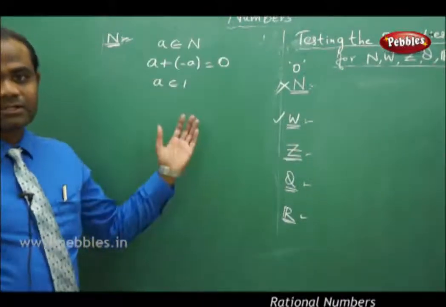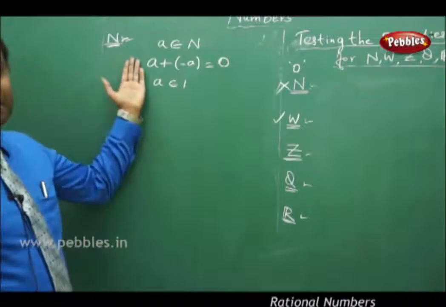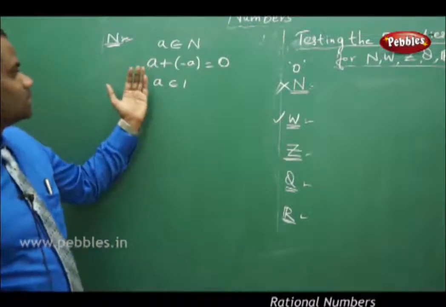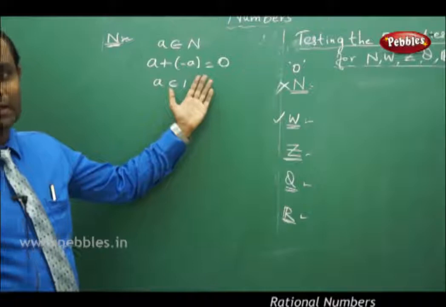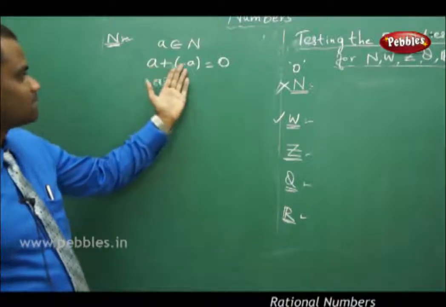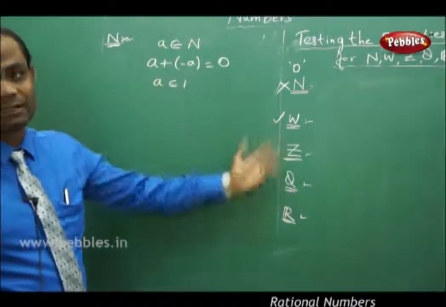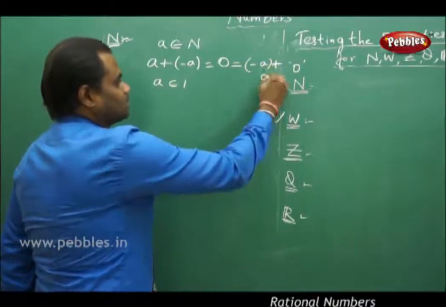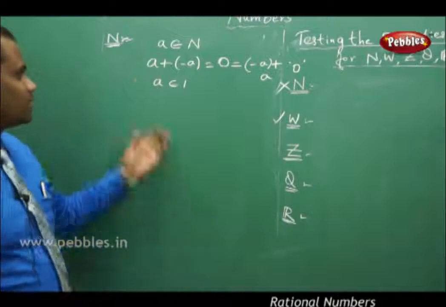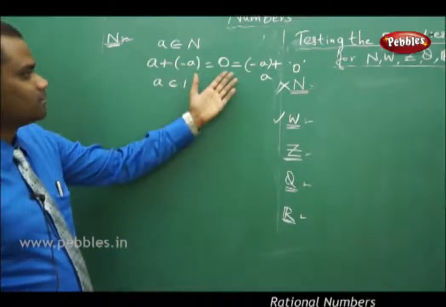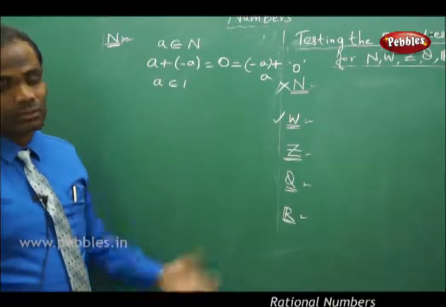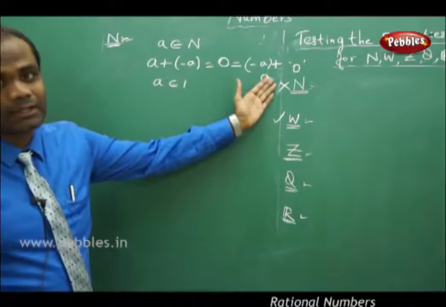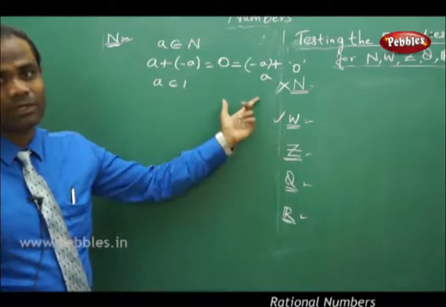Now coming to the existence of inverse, let's start with natural numbers. We know that the inverse property in general for numbers is a plus minus a equal to 0, where 0 is the additive identity, and including that, minus a plus a should also be 0. So when I take a natural number, we will see whether the inverse property holds. Clearly, I don't find that natural numbers hold the inverse property under addition.